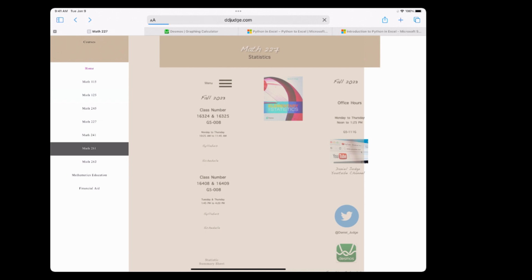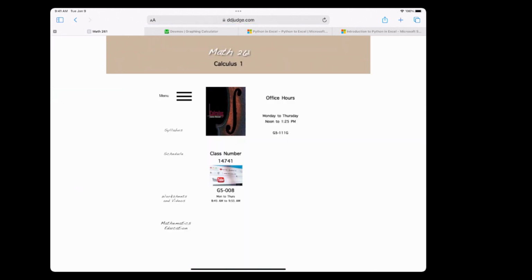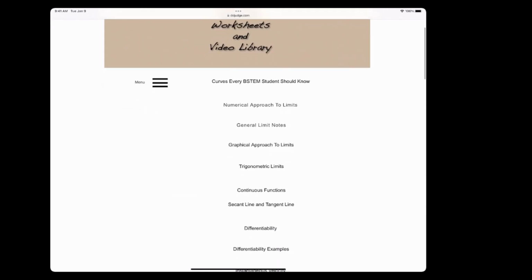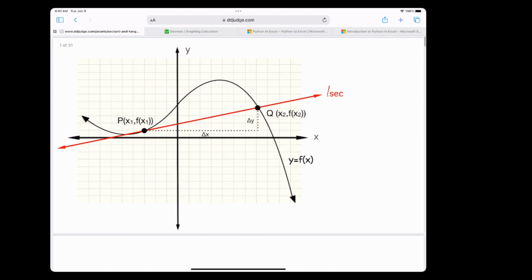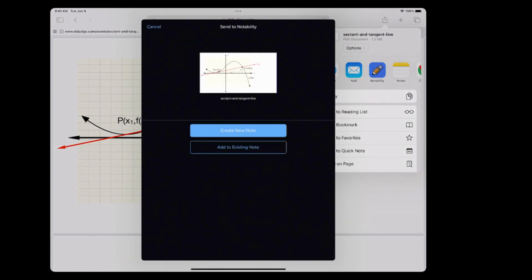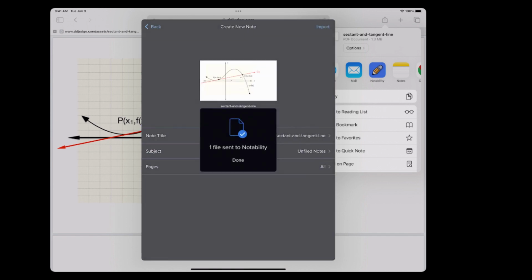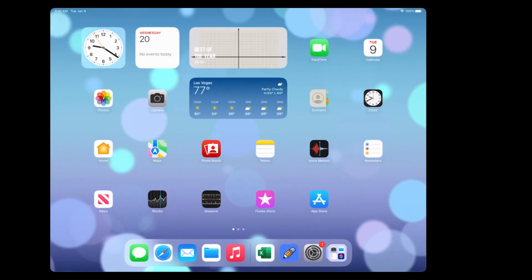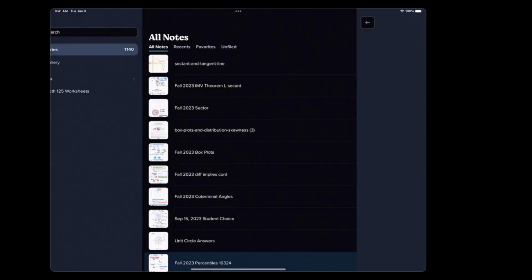Hopefully our internet is good. Okay, worksheets and videos. Secant and tangent lines. I'm going to bring this into Notability. All right, now that we're in Notability, let's look at some of these notes.